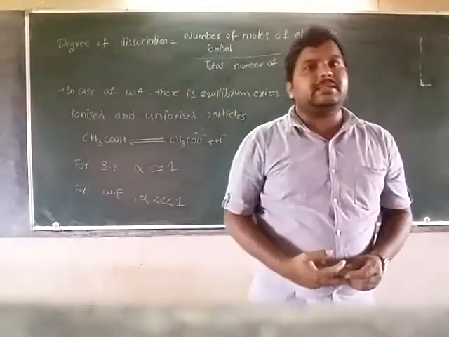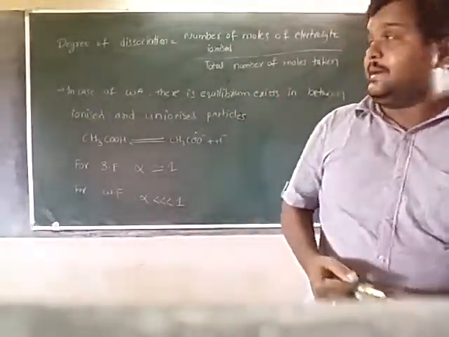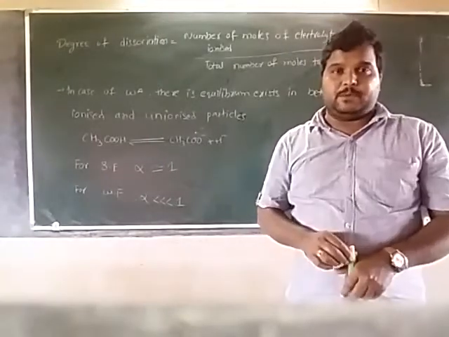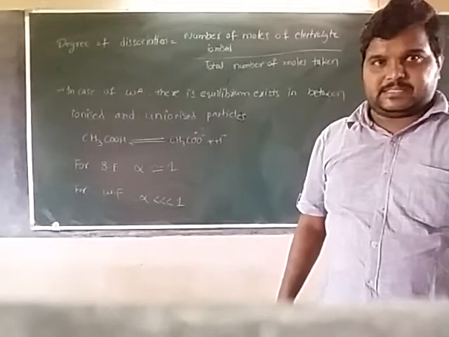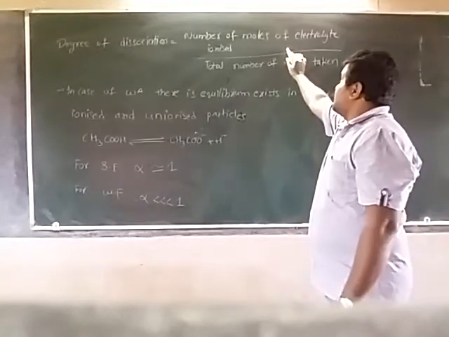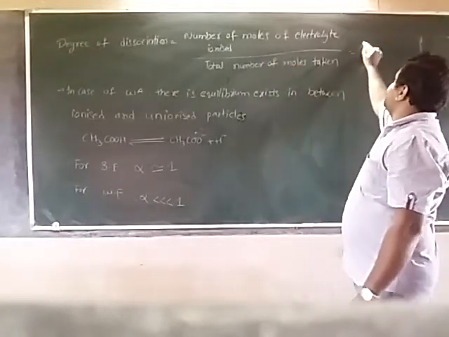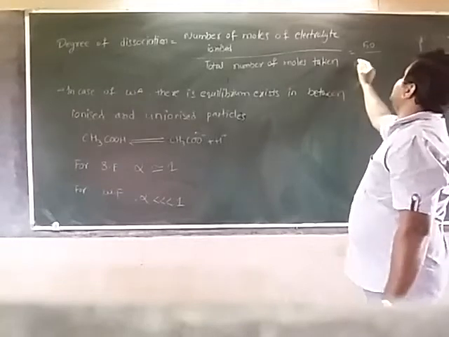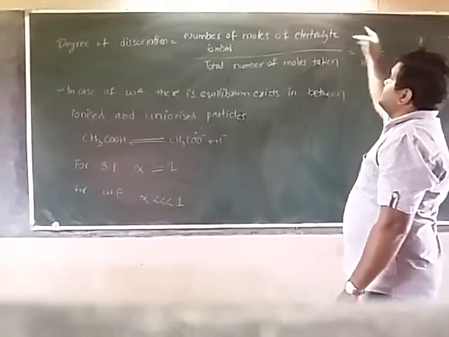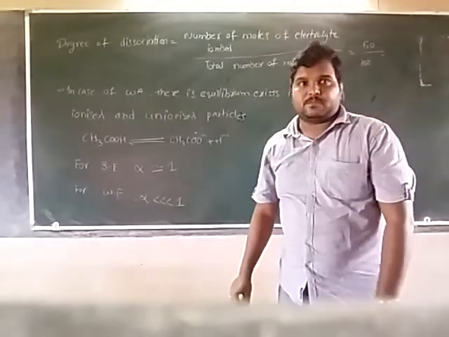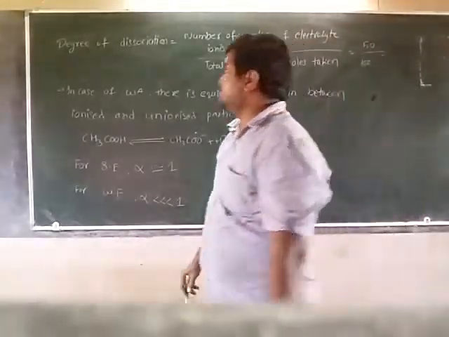For example, if you take a total of 100 moles of electrolyte, and only 50 moles are ionized, then the degree of dissociation is 50 out of 100.